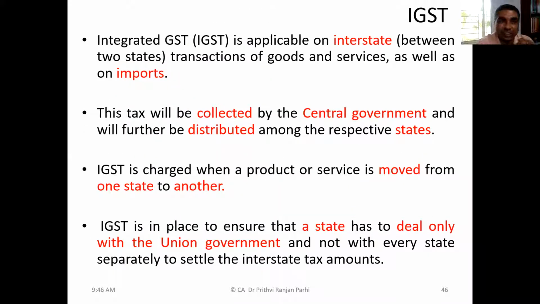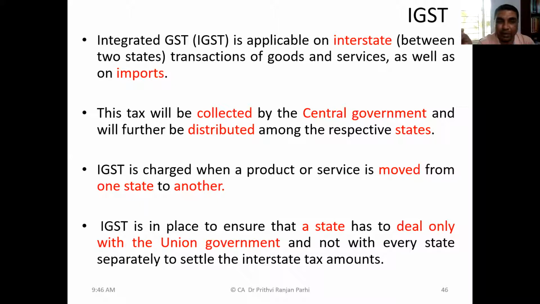What is IGST? IGST is the GST which is levied on interstate transactions. It is also the tax levied on imports. On any imports, IGST will also be levied. This is a tax collected by the central government and it will be further distributed to states.